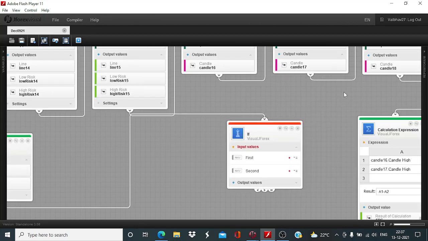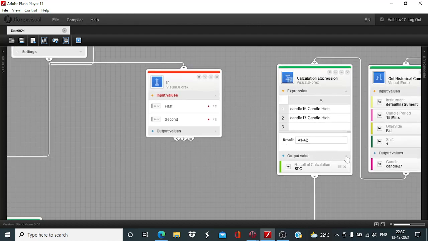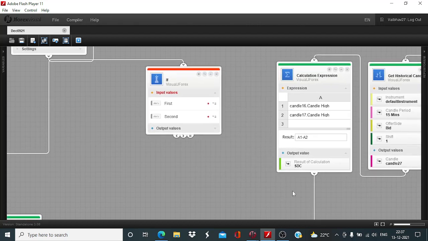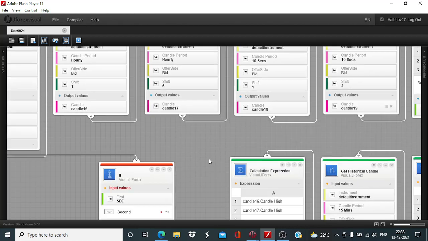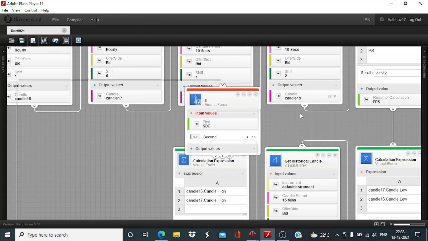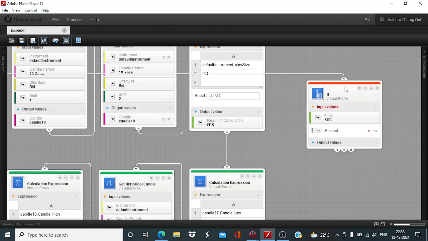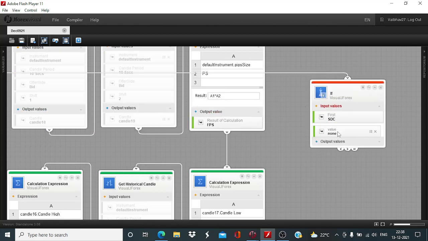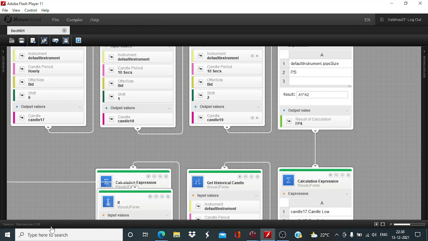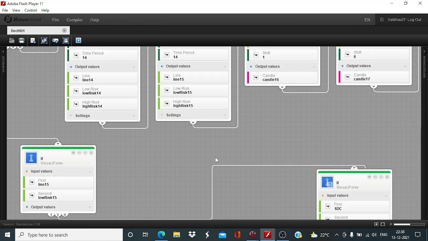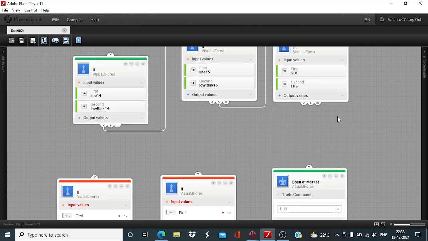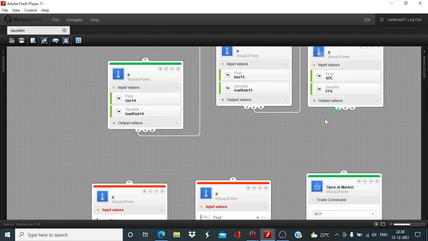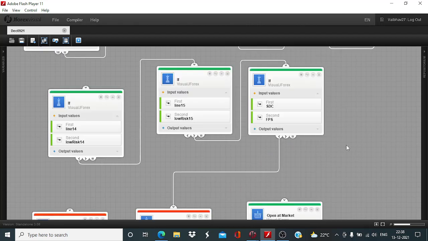We need this difference, the actual difference between these two hourly candles, to be less than 15 pips. Okay, so we need here first input less than second input.